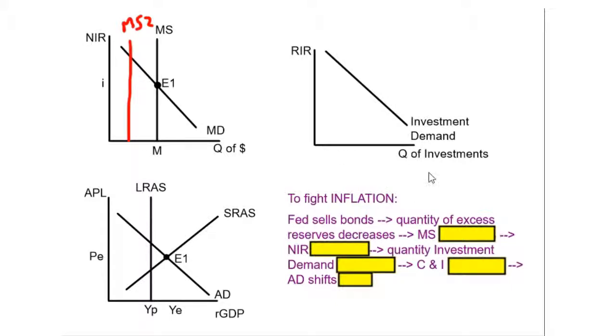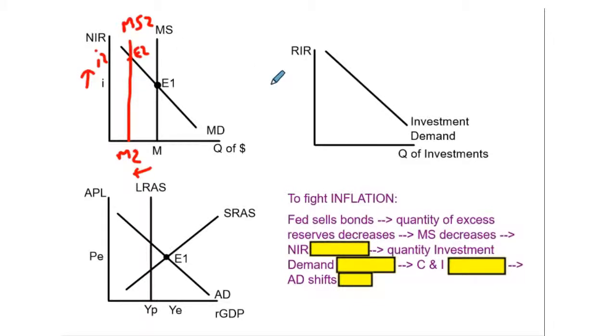If banks have fewer excess reserves, they can issue fewer loans, so money supply will decrease. That's a left shift. So to finish labeling, we have MS2, you would have M2 with an arrow, E2, and I2.